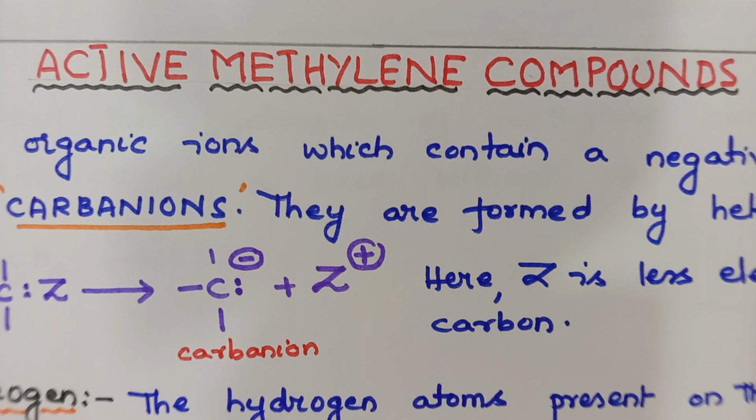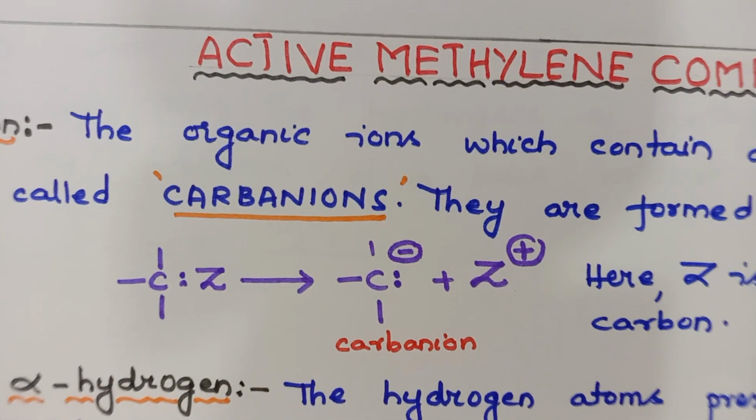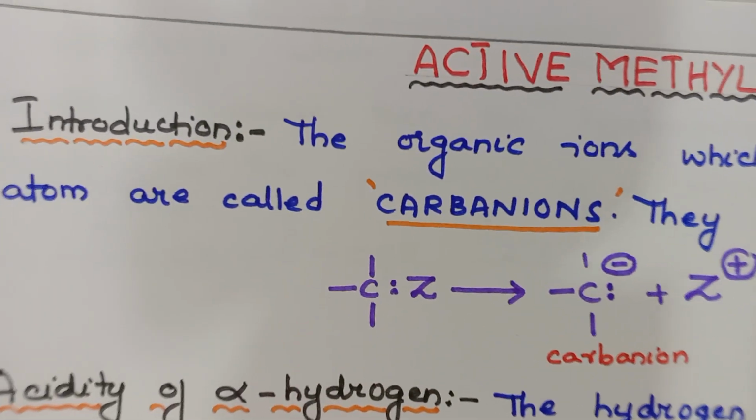Before going into acidity of alpha hydrogens, I would like to tell you what a carbanion is. The name of the lesson I have written is active methylene compounds, students. Under this we have a little introduction, that is the definition of carbanion.